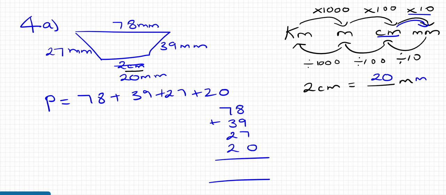That leaves me with 24. Okay, and add the 2, so 4, and then carry the 2. And then, if I go 7 plus 3 first is 10, and then 10 plus 2 is 12, plus 2 is 14, plus 2 is 16. Whoops. So I'm left with 164. So my perimeter is equal to 164. Don't forget to write our units, millimeters.